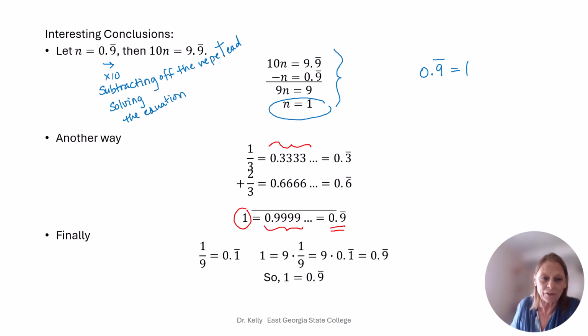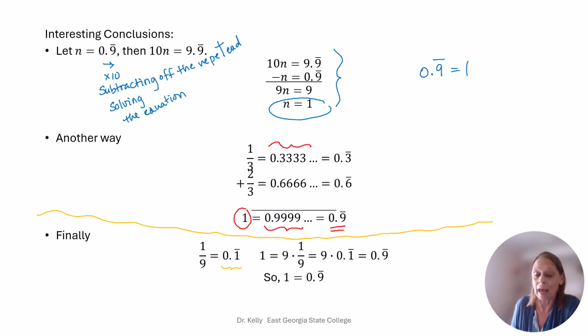And then finally, I thought this one's really clever. And this idea will really help us when we start doing the percentages. If we know 1/9 is 0.1 repeating, so we can just work that out, find what 1 repeating is, and then we can just scale that out.